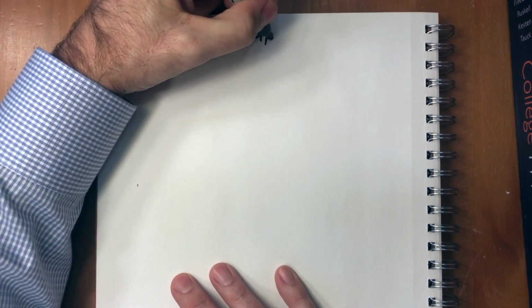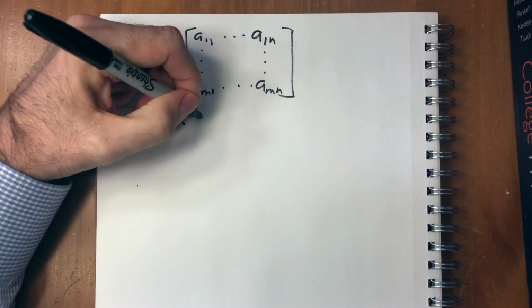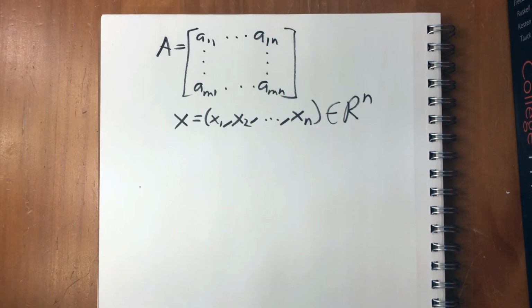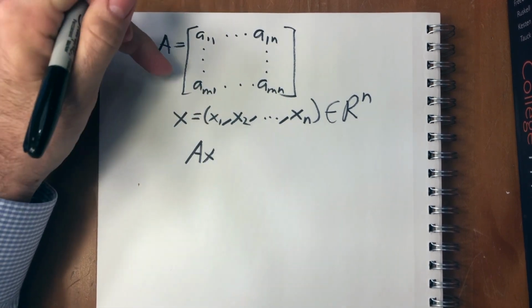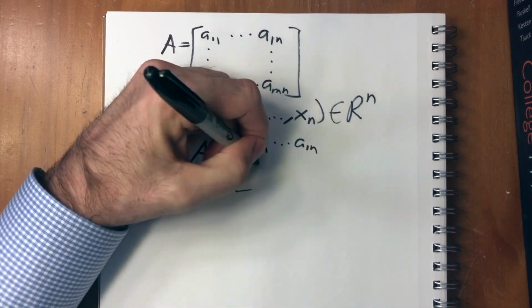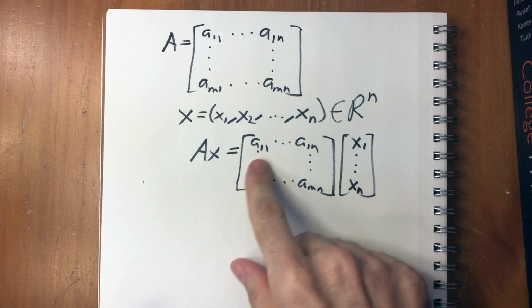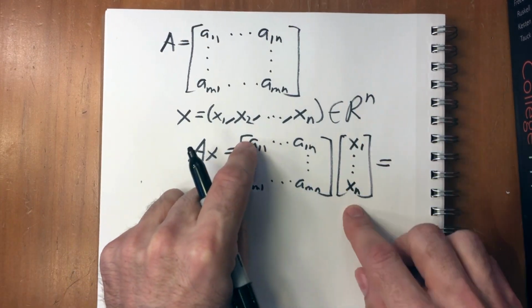So if A is an m by n matrix, and x is a vector in Rn, then we can write the matrix product of A times x. And if we did this multiplication, we dot each row with each column, right?